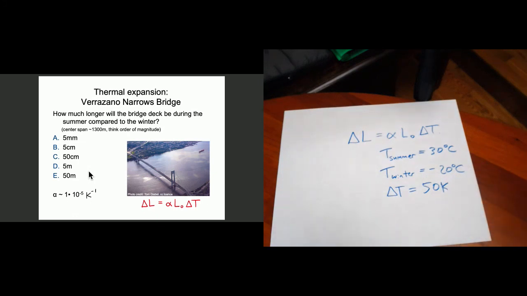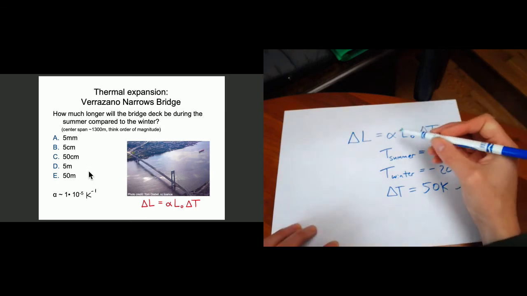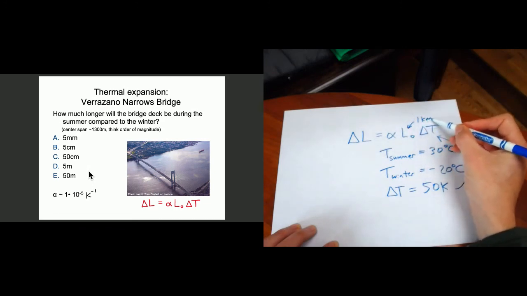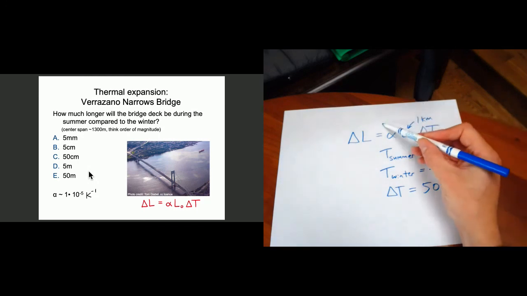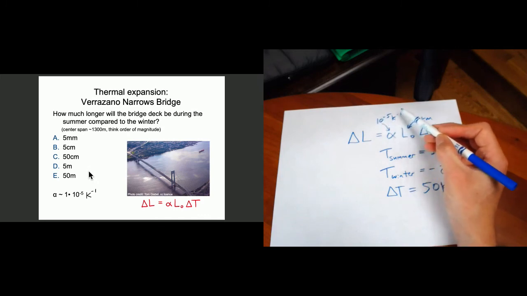Once we have that, we can plug it in here. For L0, we can use 1 kilometer. Well, it's really 1.3 kilometers, but the 0.3 is not going to matter. The alpha is 10 to the minus 5 inverse Kelvin.